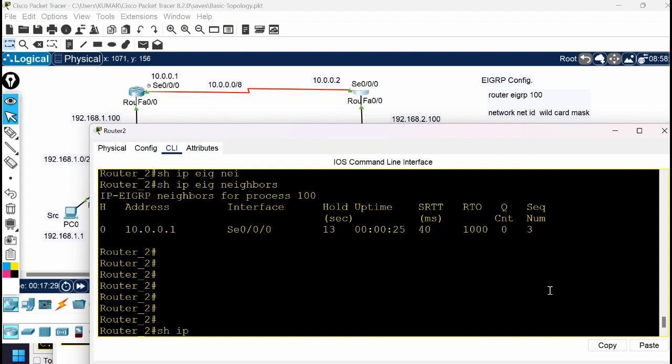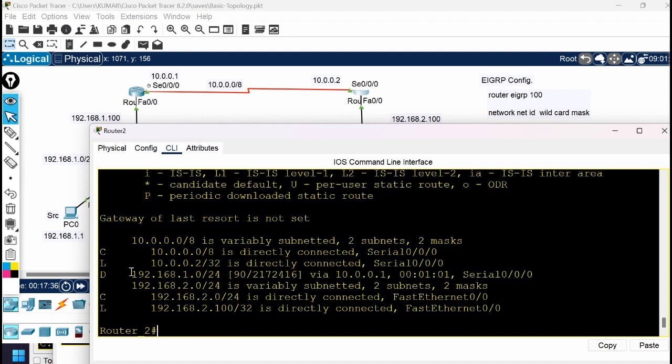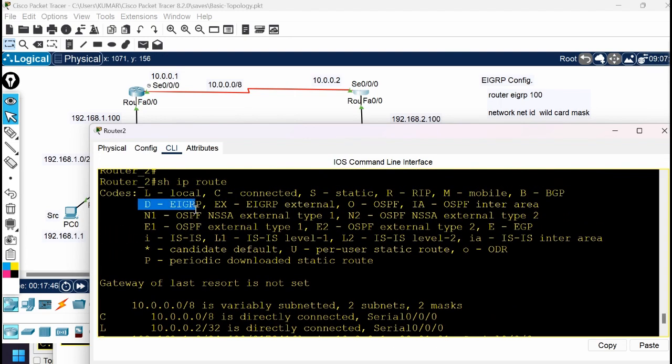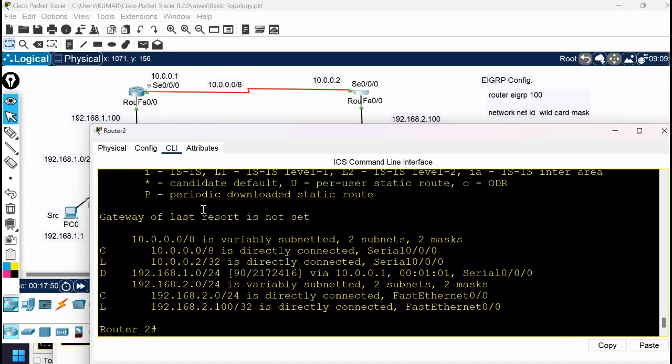Then show IP route. Can you see the 192.168 network, which is connected to router 1, showing in my routing table, and it is showing as a D. D is equal to EIGRP. See here, D is equal to EIGRP. Make sure this is your EIGRP update, this is your administrative distance, and this is the composite metric.